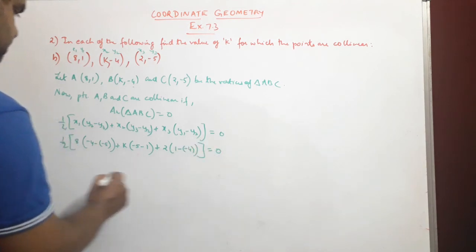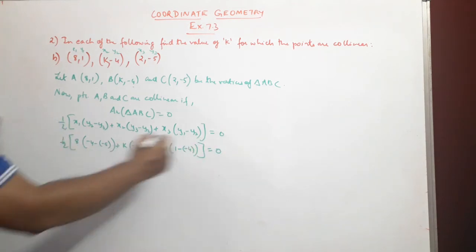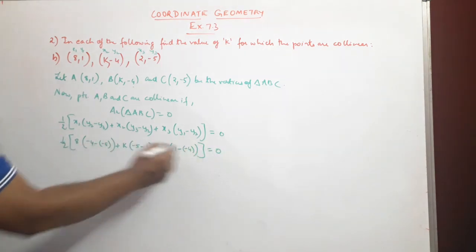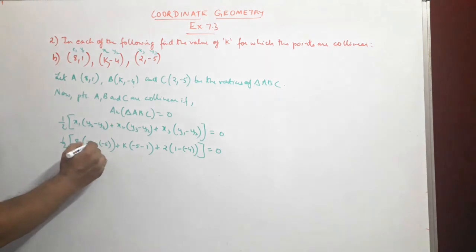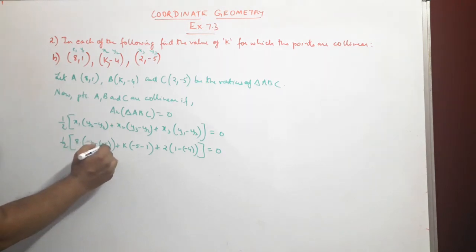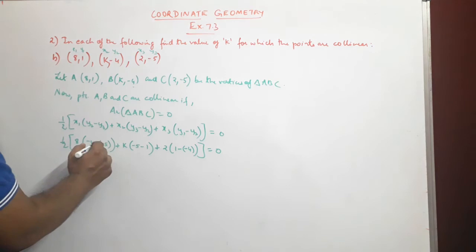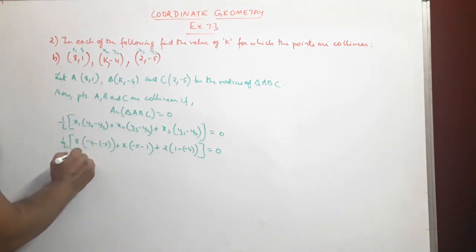Once again 2 I take on the other side, it will become 0 and we are just left with this bracket then. So minus into minus gives us positive, so positive 5 minus 4 gives us plus 1, plus 1 into 8 gives us 8.